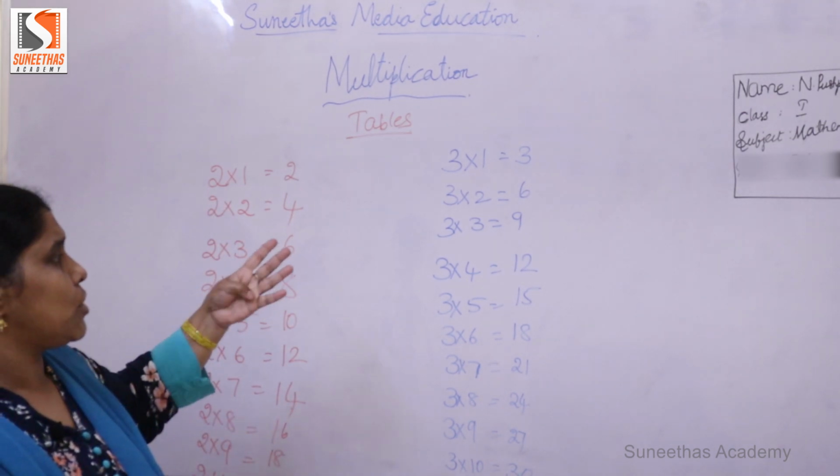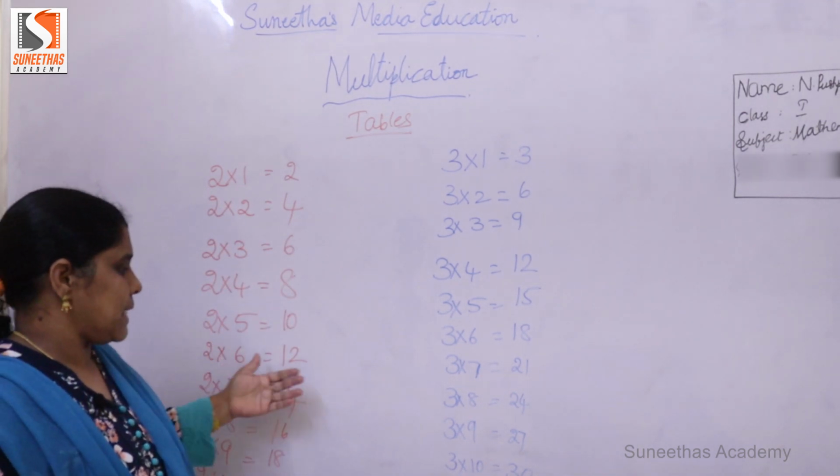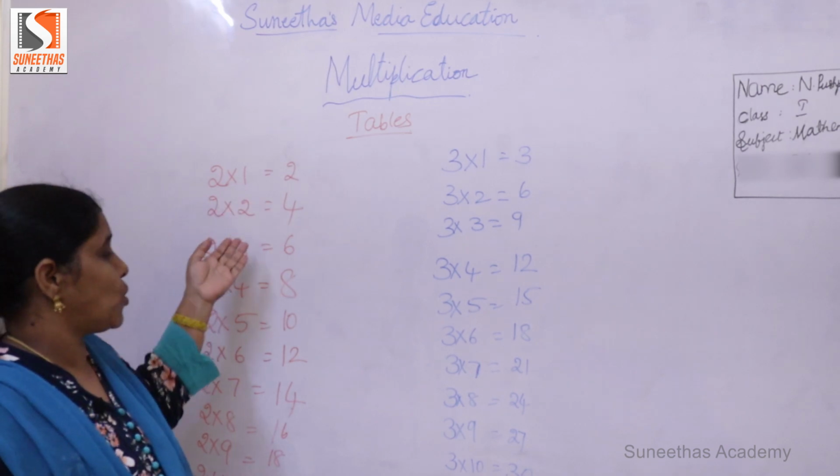Okay children, now the 2 tables and 3 tables. 2 ones are 2.